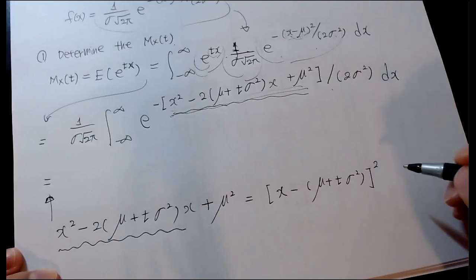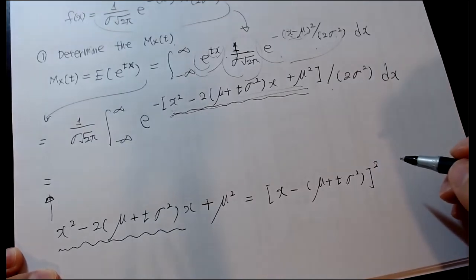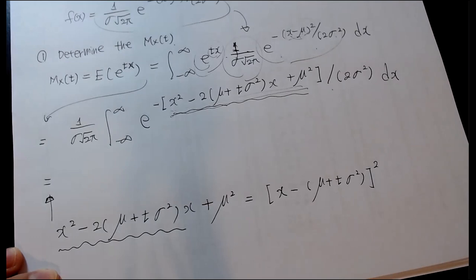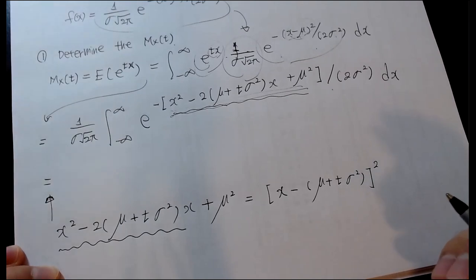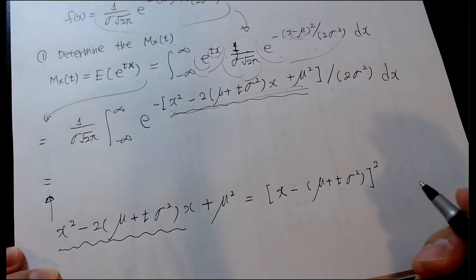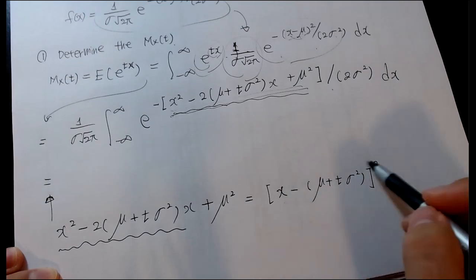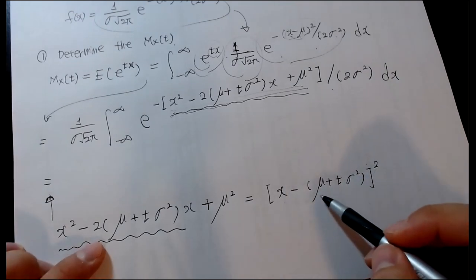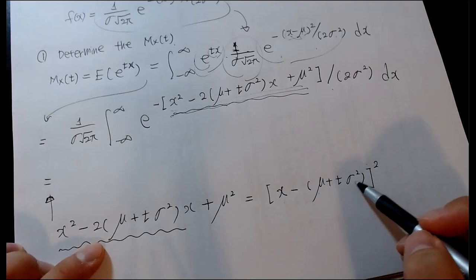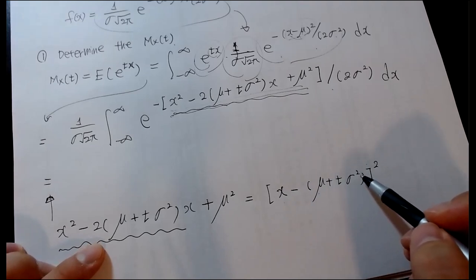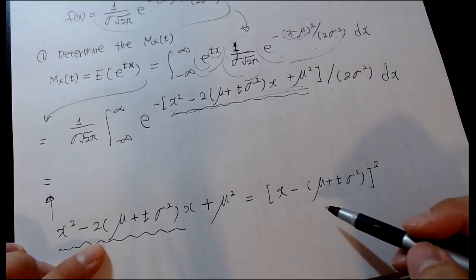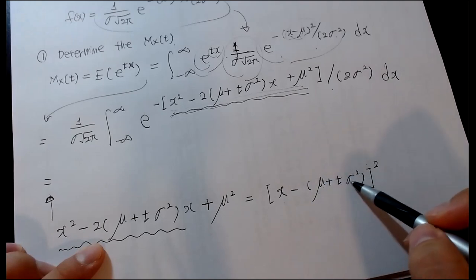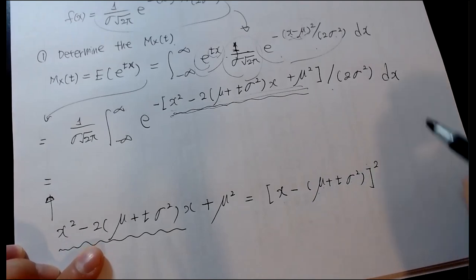Okay, all right. Then we're gonna get what? Then we're gonna get x squared and then negative 2 times (mu plus t sigma square), right? And then plus (mu plus t times sigma square) squared, right?